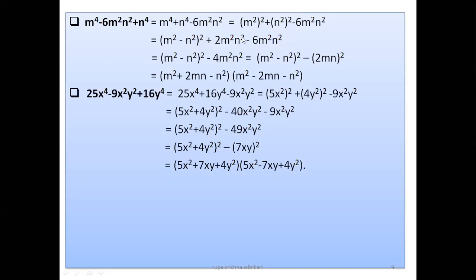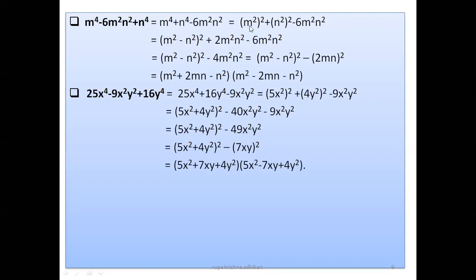Now minus 2 and minus 6, as these are like terms, they can be added or subtracted. Here it is minus 2 means minus minus will be added. So minus 8. And if you write here minus 8, 8 is not the square of any number. So you will not get the answer. So you need to choose the second formula, that is (a minus b) whole square plus 2ab.